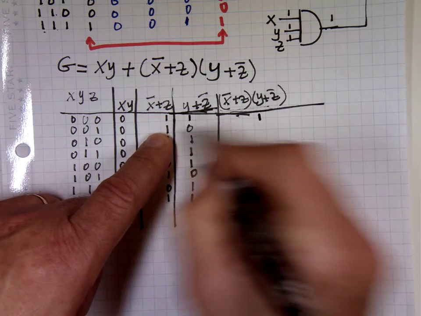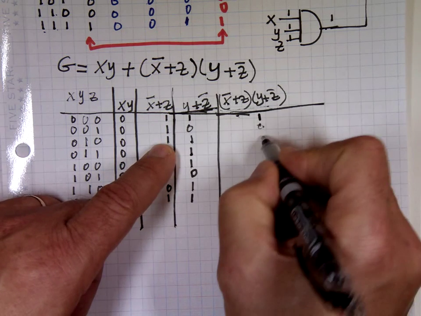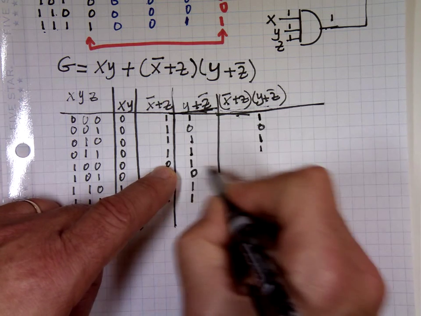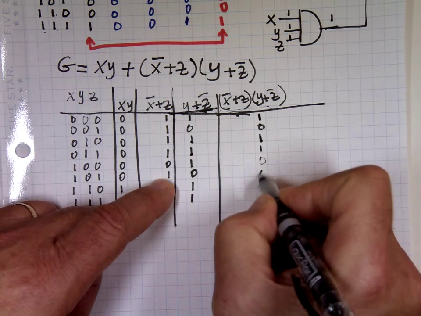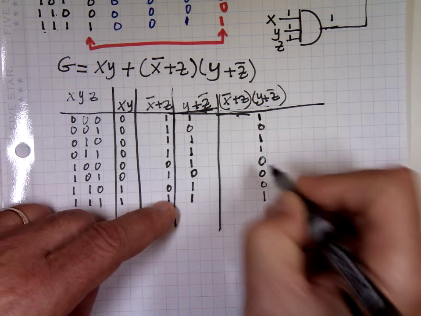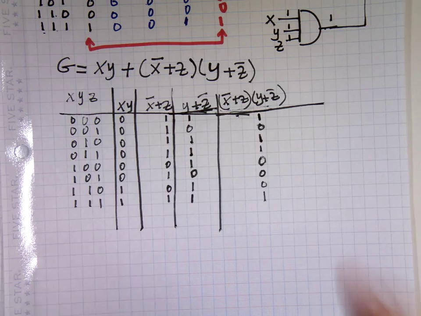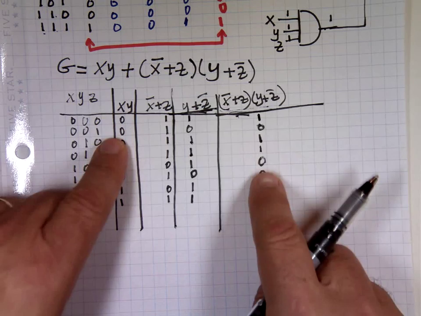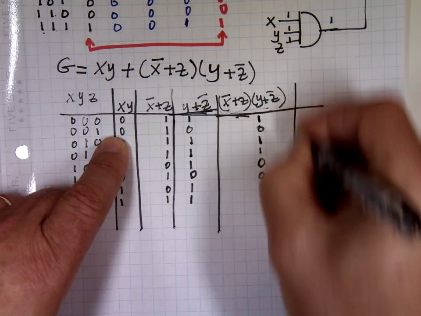What's 1 and 0? 0. 1 and 1. 1. 1 and 1. 1. 0 and 1. 0. 1 and 0. 0. 0 and 1. 0. 1 and 1 is 1. So this is the answer to this. The last step says what? OR them.